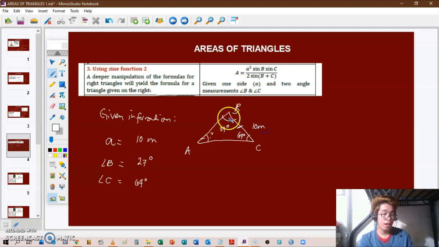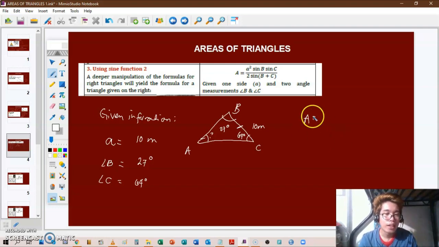So using the angle-side-angle triangle congruence postulate, that's one of the derivations of this formula, the second formula using the sine function for finding the area of a triangle. It's the one that we've already discussed during the second quarter. So once you use that triangle congruence postulate, we get this formula right here.